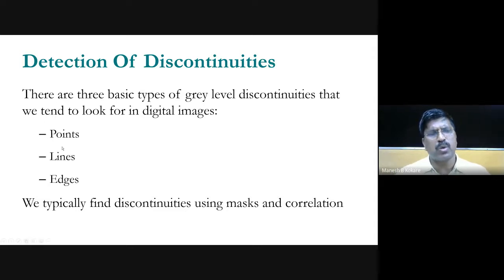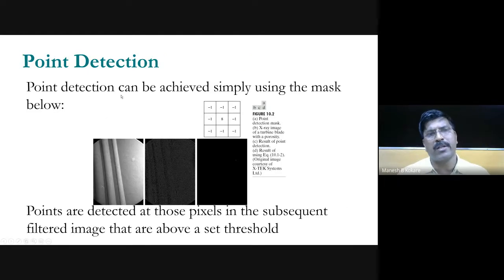To find those, we typically find the discontinuities using masks and correlation. Different masks can be used for finding point, line or edge discontinuity, and then we can find the correlation with the image, and from that you can detect them. So see point detection.